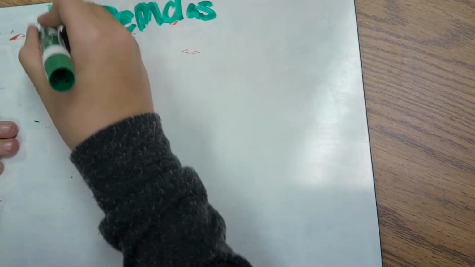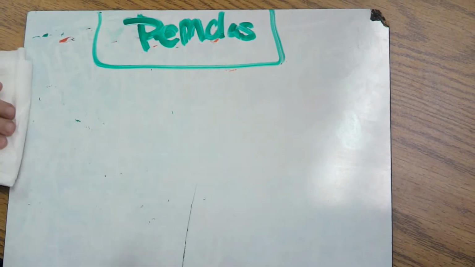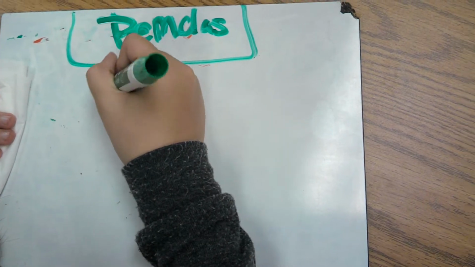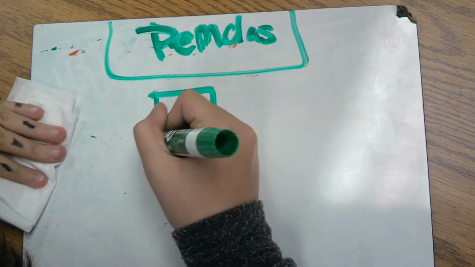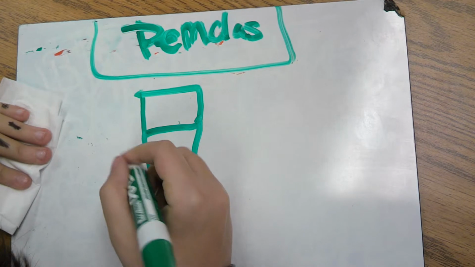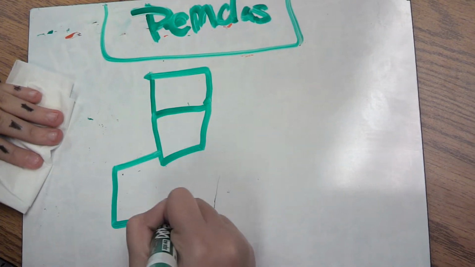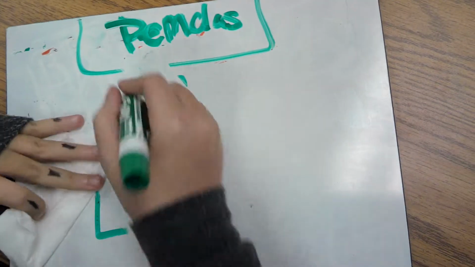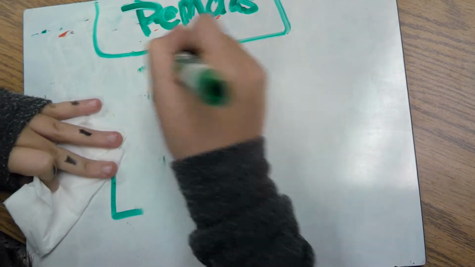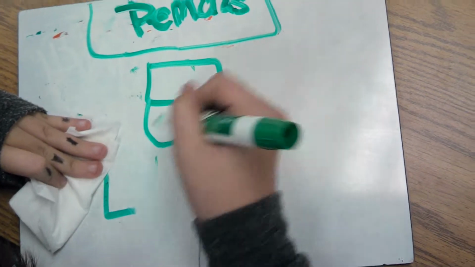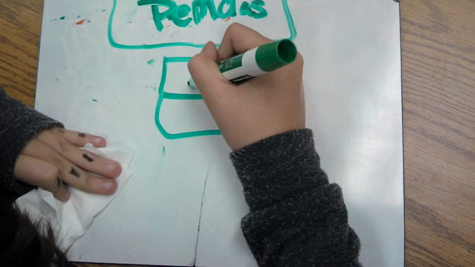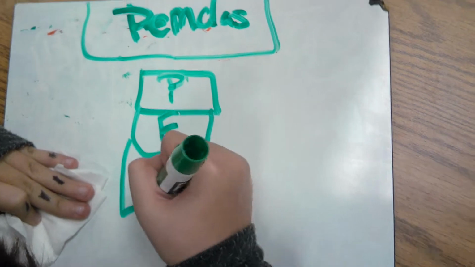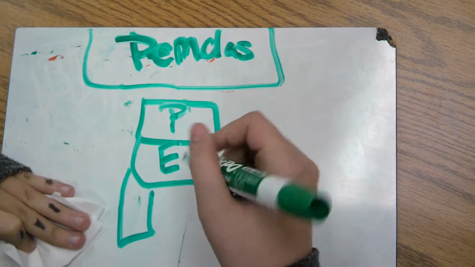Our next subject will be PEMDAS. And the way PEMDAS works is that you would have PEMDAS written in 6 boxes.